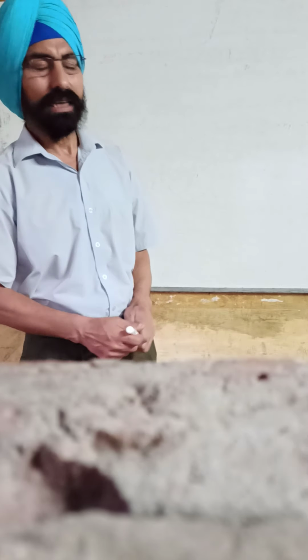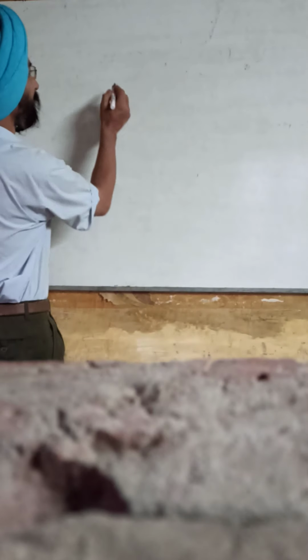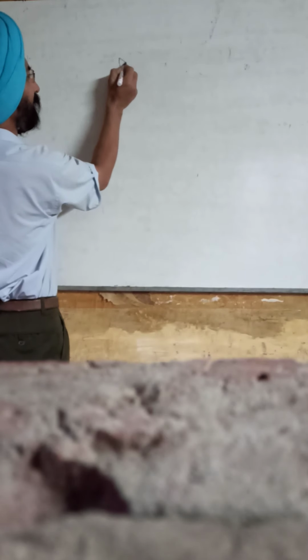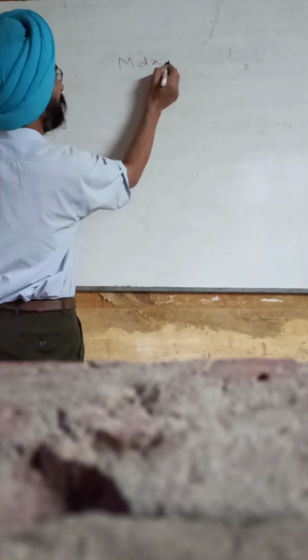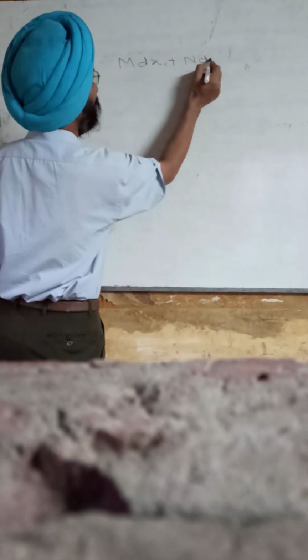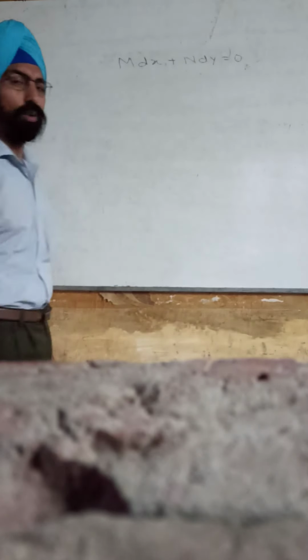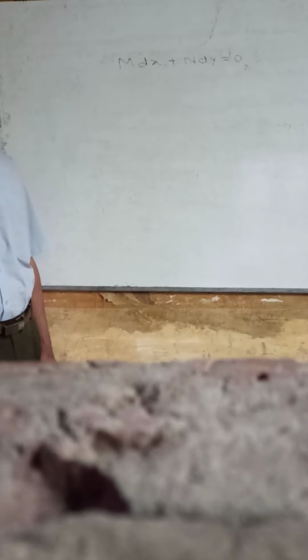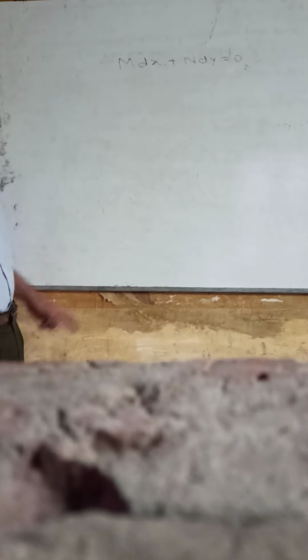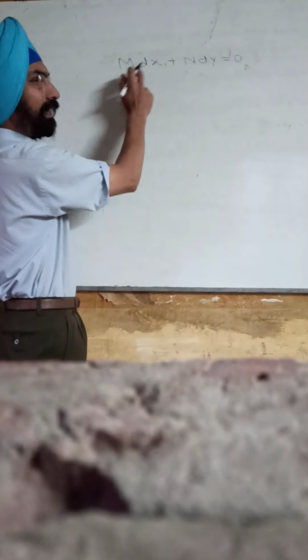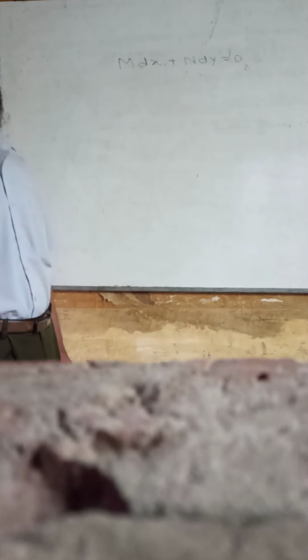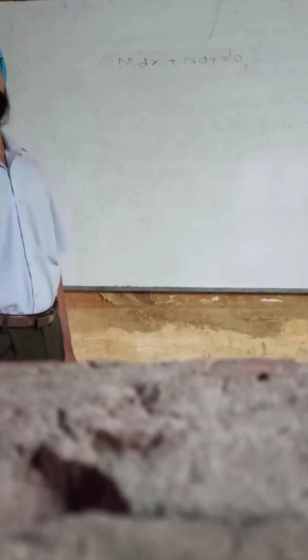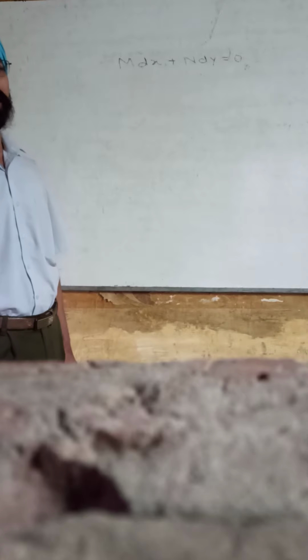So first, if your differential equation M dx plus N dy is equal to 0 is not exact, but M and N are homogeneous and they contain all the terms of same degree in x and y.